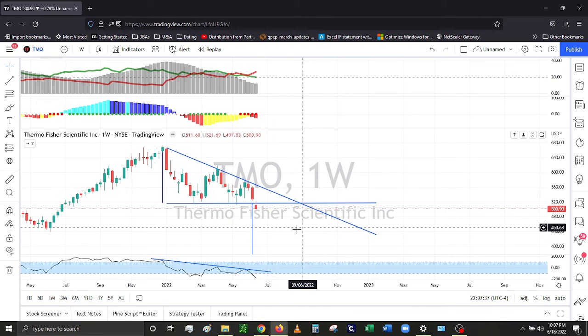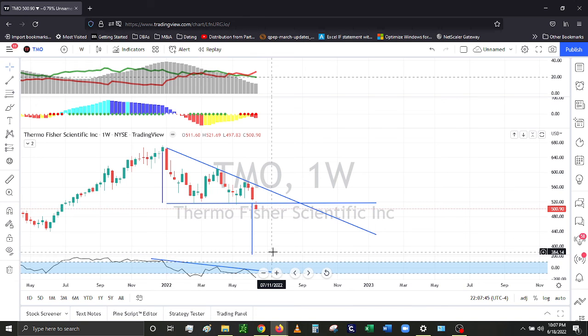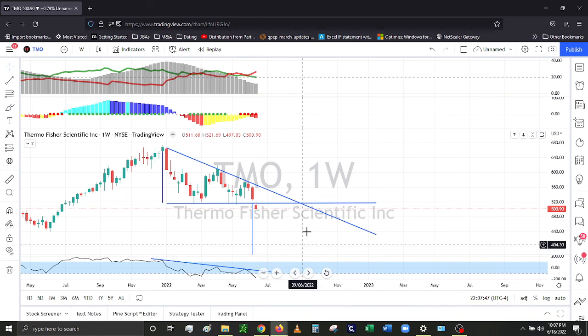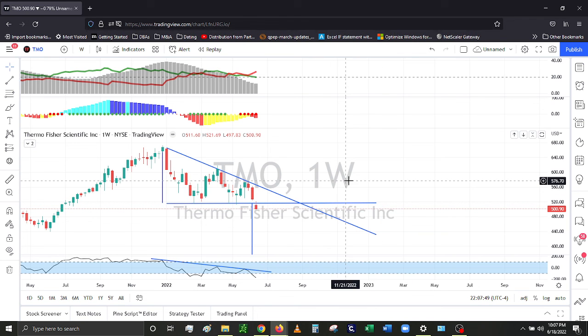We'll see where it is at the apex and test that out. We'll see if it gets down here to, what's this, 383-ish or whatnot. So we'll just see how it goes here. But for now, on this one, we'd be in the trade here with a tight stop and in profits. Anyway, that's it.